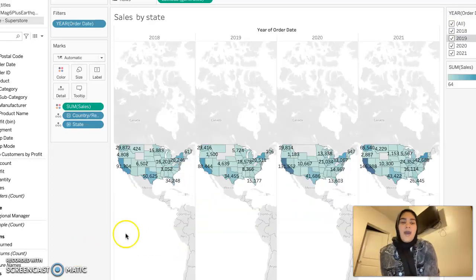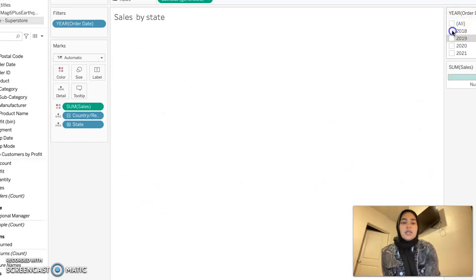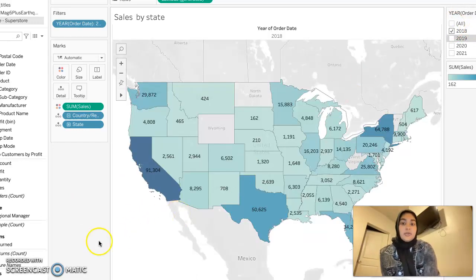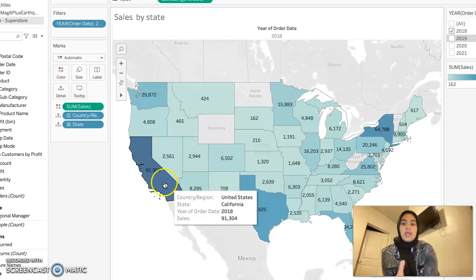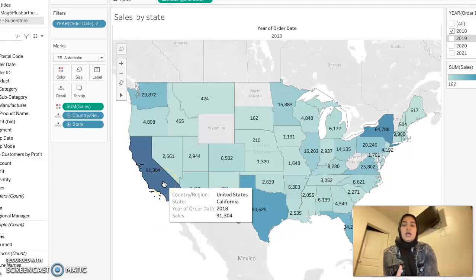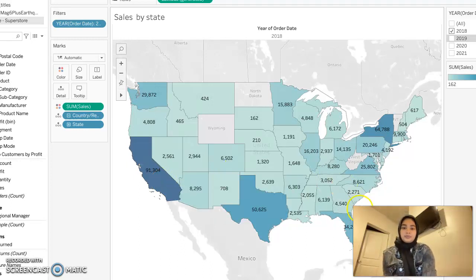The next sheet is sales by state, and as you can see here, this is side by side 2018, 2019, 2020, and 2021, the year of order date. But if we wanted to take a closer look at a specific year, let's say for example 2018, the lighter colors are lower sales, and the darker states like California here are the well-performing, higher sales states.